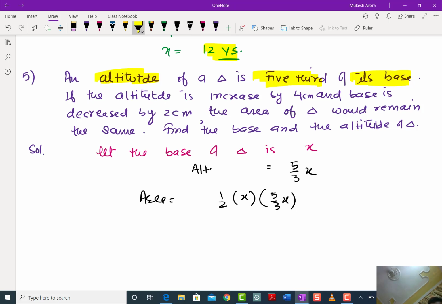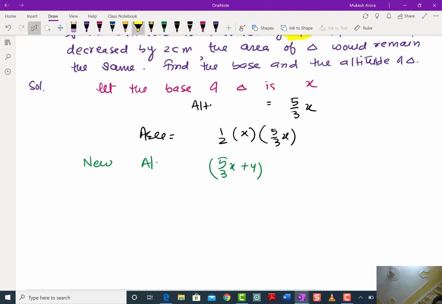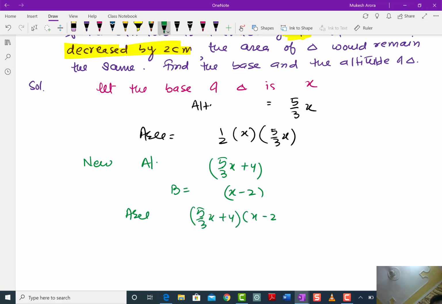Second, he says that if the altitude is increased by 4, the new altitude is 5/3x plus 4, and the base is decreased by 2. The area, 5/3x plus 4 and x minus 2, is equal to half into x into 5/3x. Half is cancelled.